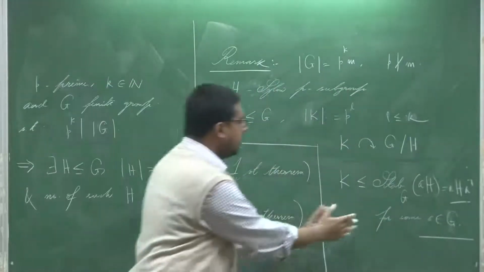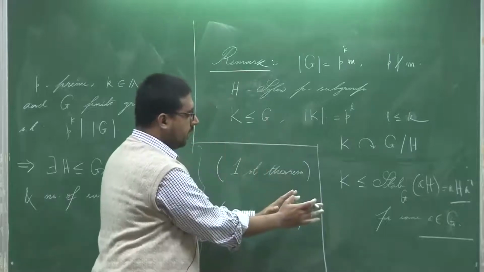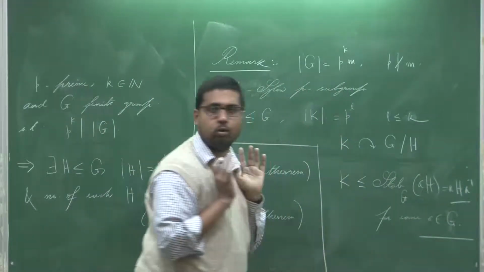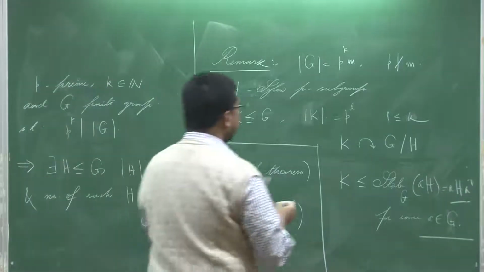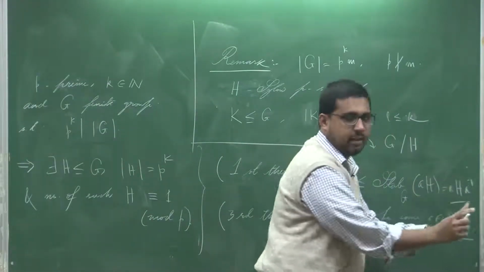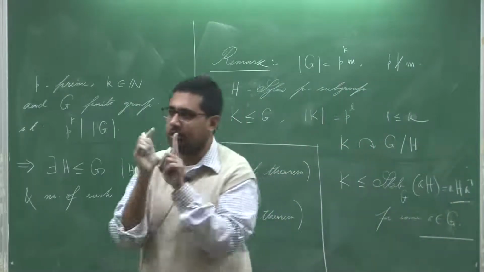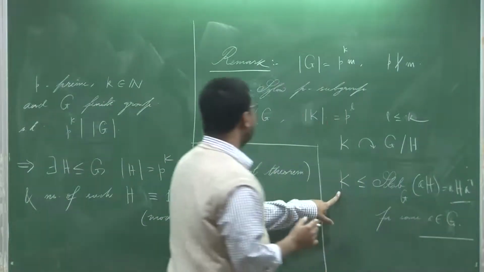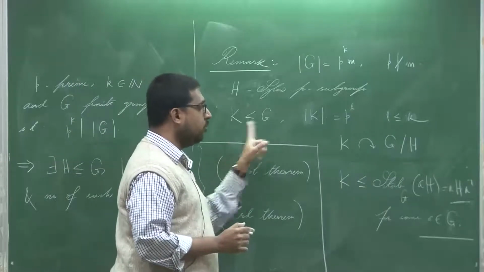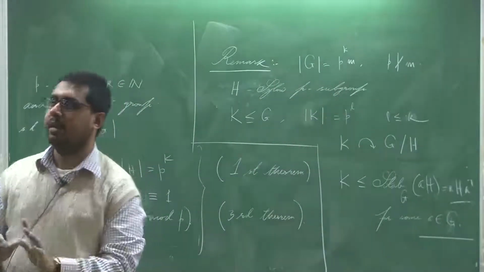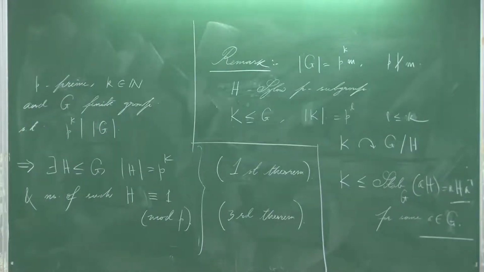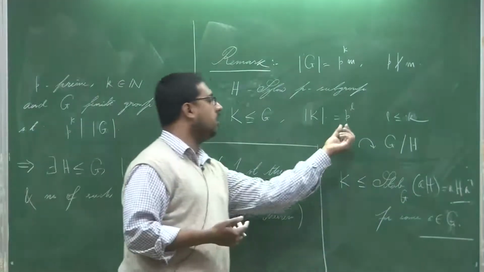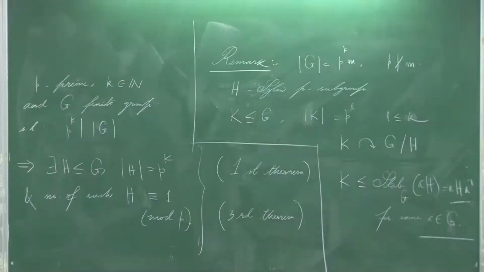So, what we just obtained here is that any p-subgroup of G must be contained in some Sylow subgroup of G. Again, try to understand: H has order p to the power k, so H is a Sylow p-subgroup, and being a conjugate of that, this is also a Sylow p-subgroup. Thus, if K is a subgroup having order some power of p, then K must be contained in some Sylow p-subgroup of G. So, the subgroups of G of order a power of p can be found inside the Sylow p-subgroups.